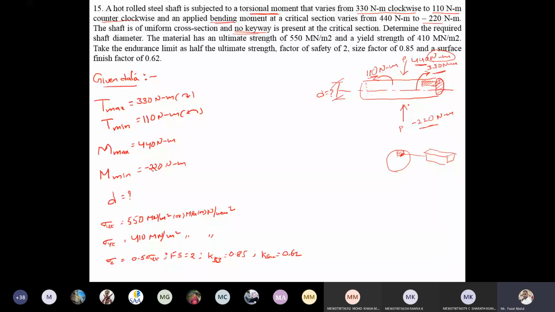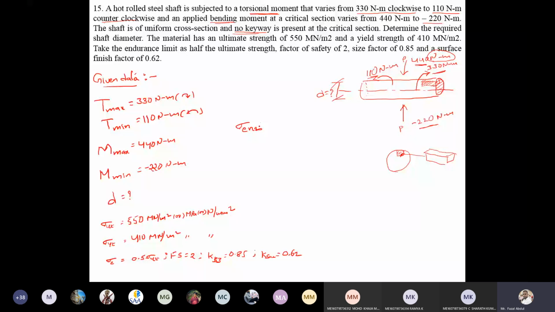At this time, what we need to calculate? First, we need to calculate effective or equivalent normal stress, due to bending or whatever total net equivalent.